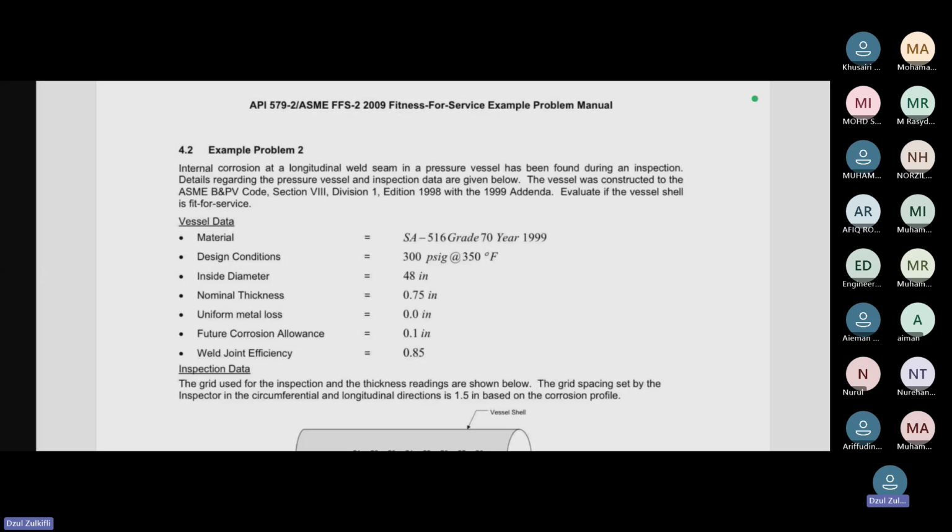The other one is localized metal loss, part 5. Part 5 is usually used when your corrosion or wall loss area is quite small but deep. But even though that is the definition, there is no strict rule in applying one or the other, right?